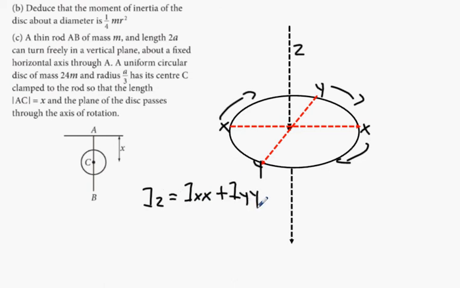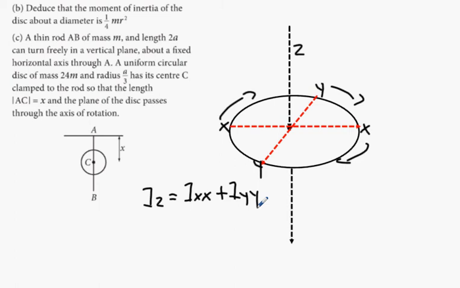Is there any difference in xx and yy? It's because a circle is the same in every direction. If that was a rectangular lamina, would it make a difference? In a rectangle, Ixx would be different from Iyy. And if it was a square, Ixx would be the same as Iyy.